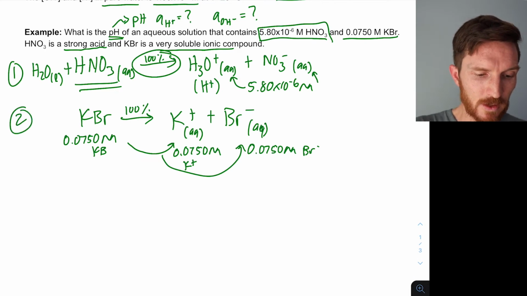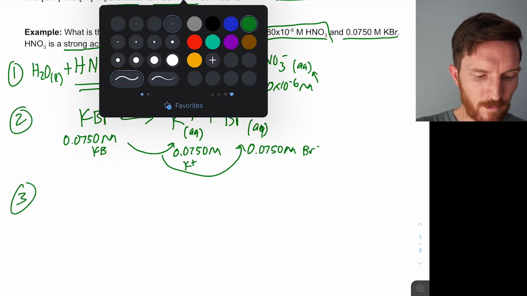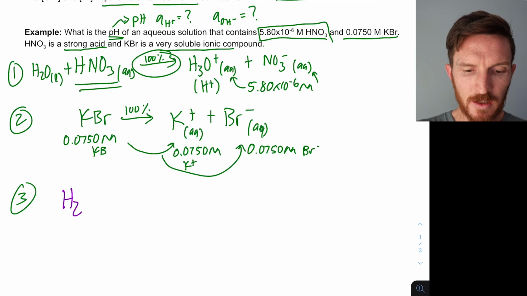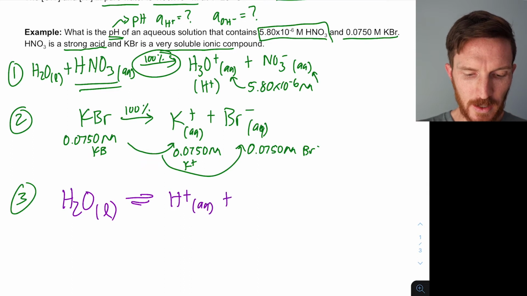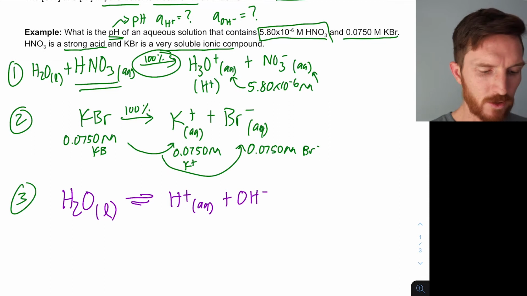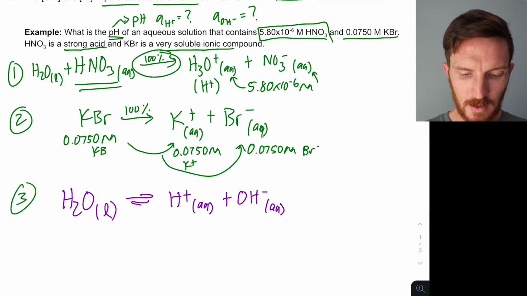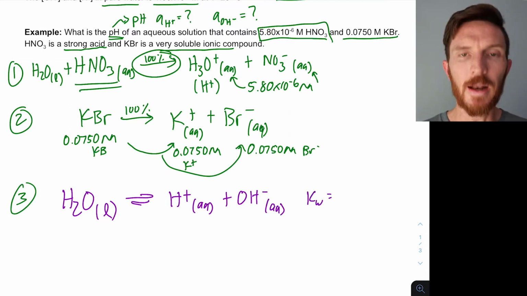I'm just going to label this as reaction 1, 2, and reaction 3 here that's always happening is the reaction where we have water undergoing this auto-ionization inside of solution to give us our hydronium and hydroxide ions.